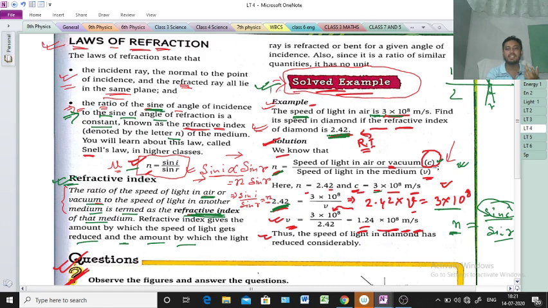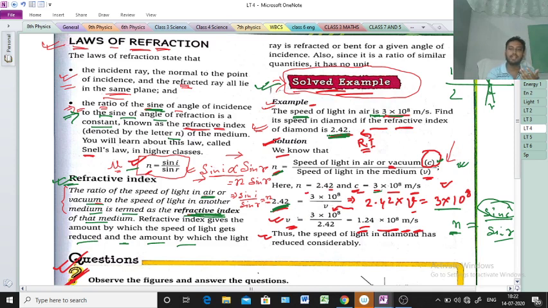So just put this value, then 2.42, n equal to sin i by sin r, that means 3 into 10 to the power 8 divided by v, here will be v because you have to calculate the velocity or speed. So 2.42 equal to 3 into 10 to the power 8 upon v.